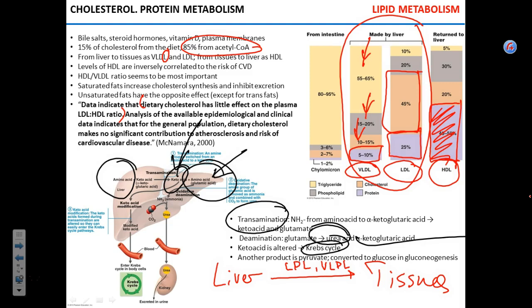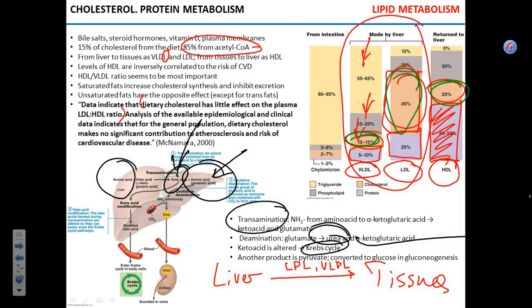So basically, total cholesterol level in the blood is generally a very poor predictor of cardiovascular disease. Do you understand what I just said? You can measure total cholesterol, and these three together.